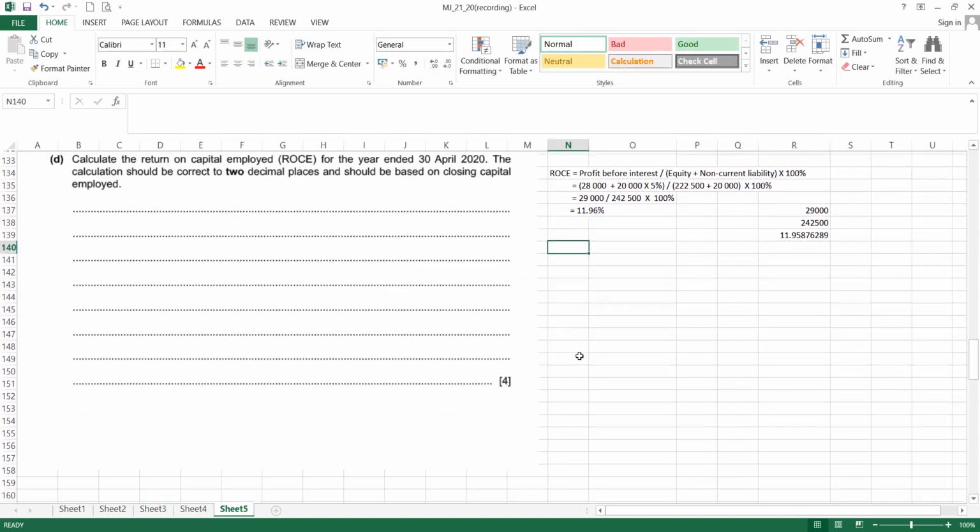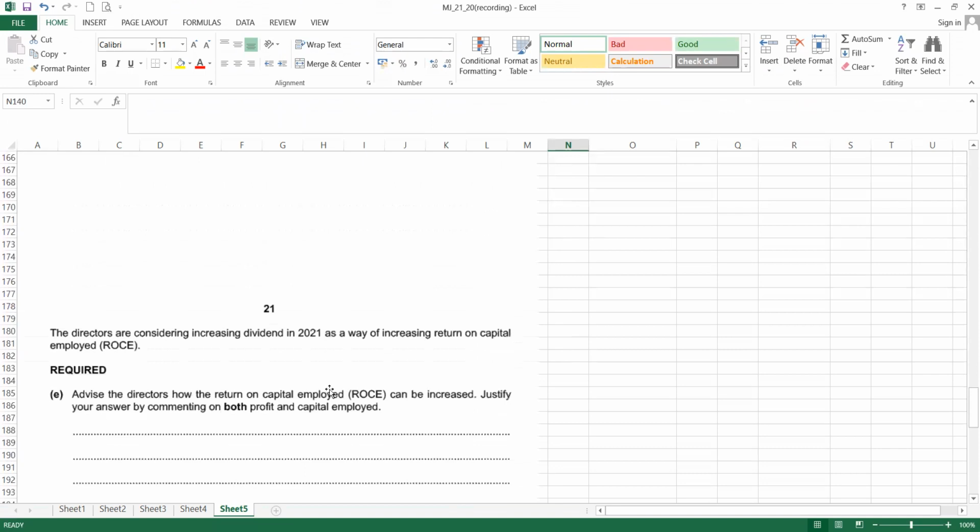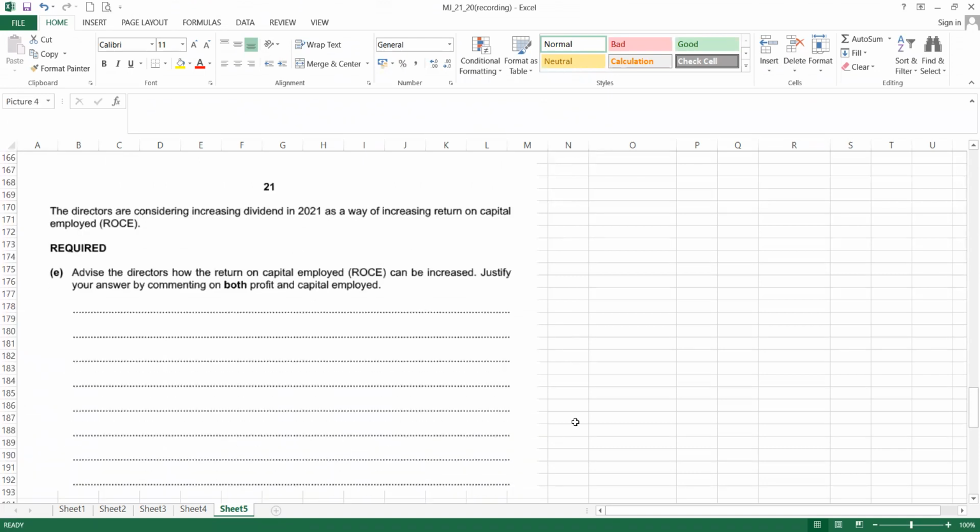Okay, now let's move on and see what else the question asks. The question says the directors are considering increasing the dividend in 2021 as a way of increasing the return on capital employed. Advise the directors how the return on capital employed can be increased.